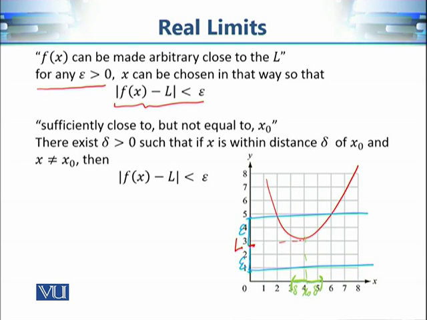Is there any delta such that when we calculate the functional values, all of the functional values in this interval lie between these two blue lines? And if we can find this delta for each and every epsilon, then we say that the limit of the function is L.